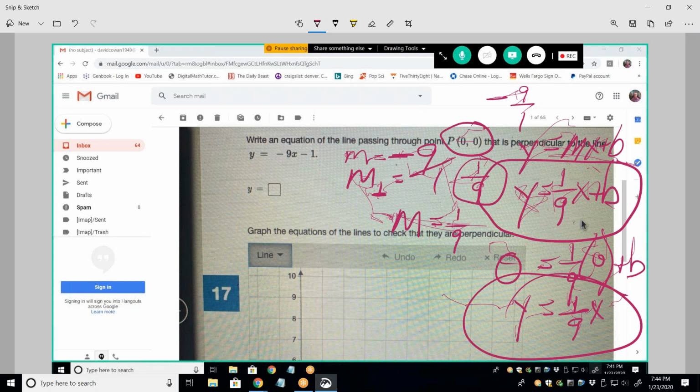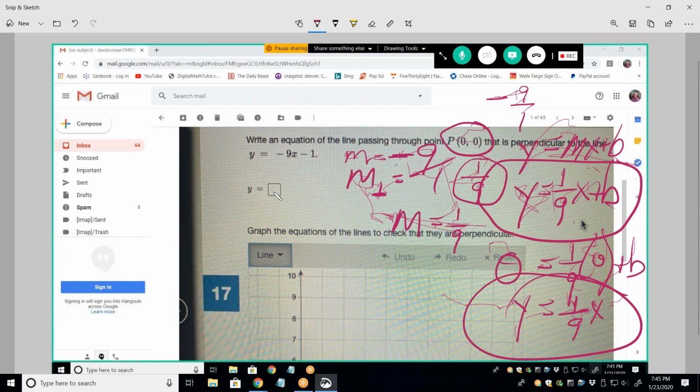That allows you to solve for b. And then you go back to the general format of the equation, which is y equals 1/9 x plus 0. After you solve for b, you go back and stick the y and the x back in. Okay? So now we want to graph that.